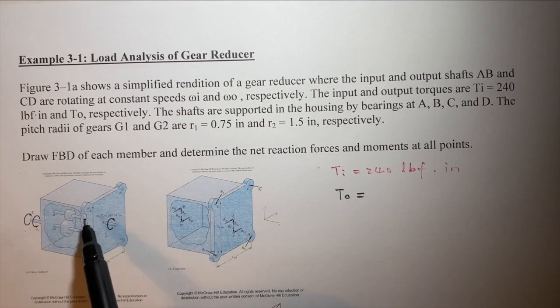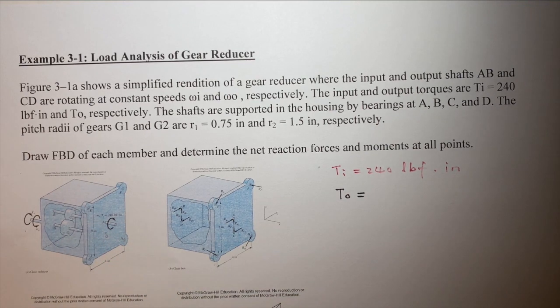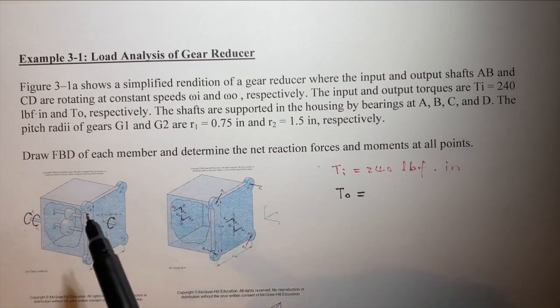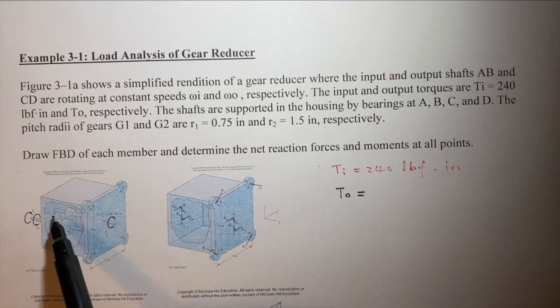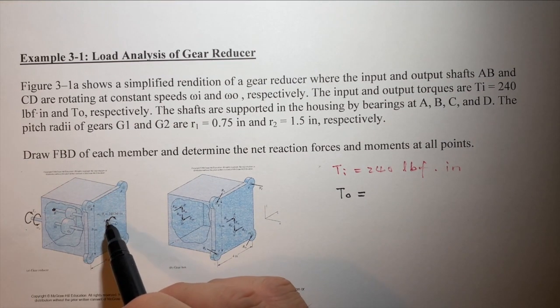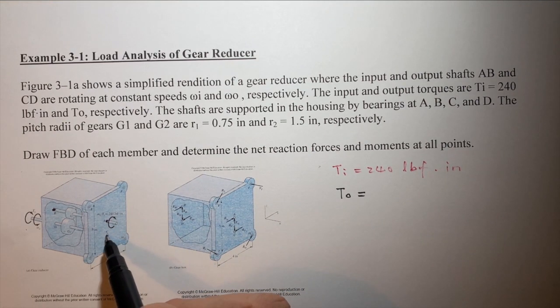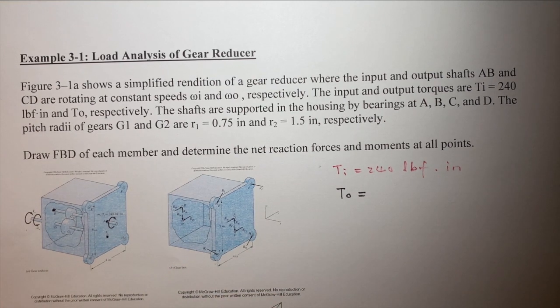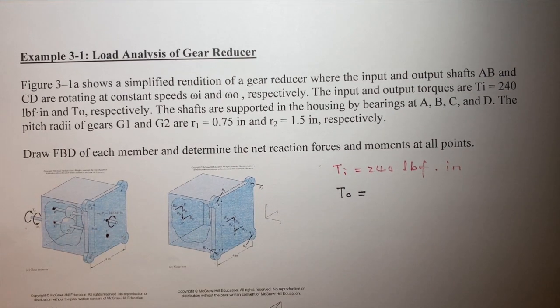On AB, we have one gear, gear 1, and on the output shaft, we have gear 2. Gear 1 we call the input gear, and gear 2 the output gear, or gear 1 is the pinion gear and gear 2 is the driven gear. At location AB, we have 2 bearings, one here, one here. On the output shaft CD, we have one bearing here and another bearing here to support this shaft.